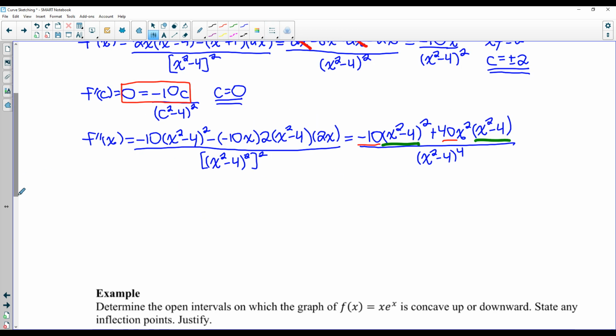So then this would look like we'd have f double prime of x would be equal to, pull out that negative 10, pull out that x squared minus 4, and then I'd be left with in brackets just a single x squared minus 4. And then we would have negative 10 divided by 40x squared to be negative 4x squared.